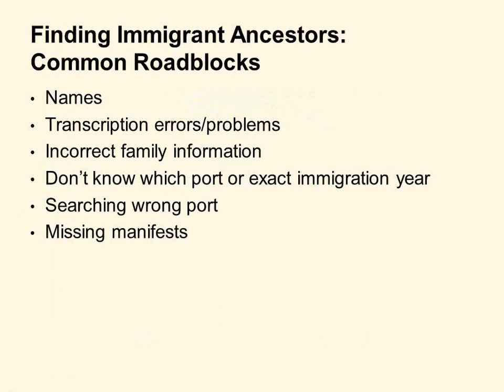So let's talk about common roadblocks for finding our immigrant ancestors. And I was interested in the poll question responses, but generally, names can be problematic. The spelling of names, especially for my research, Eastern European names, exotic sounding surnames, complicated spellings, but you don't even have to have a long and complicated name for there to be issues with finding your immigrant ancestors in databases or other records.